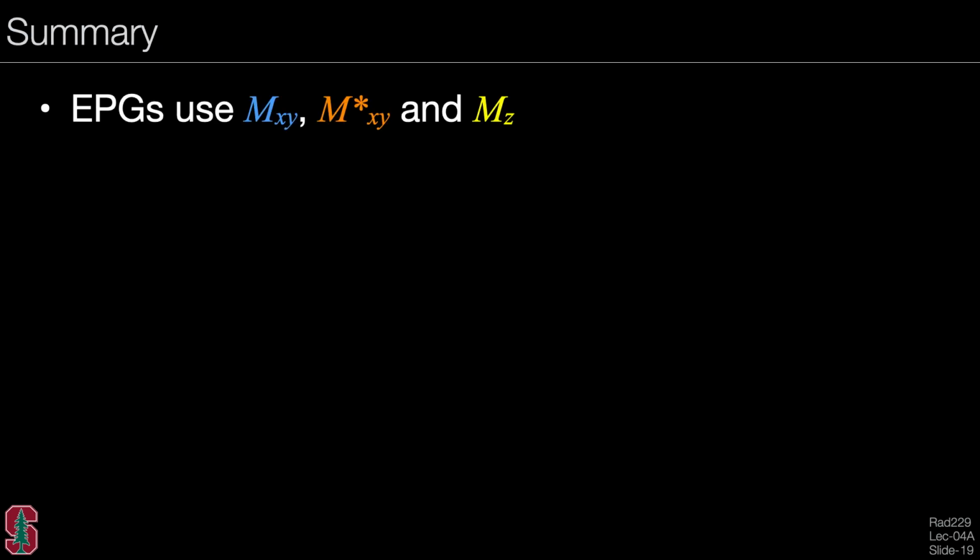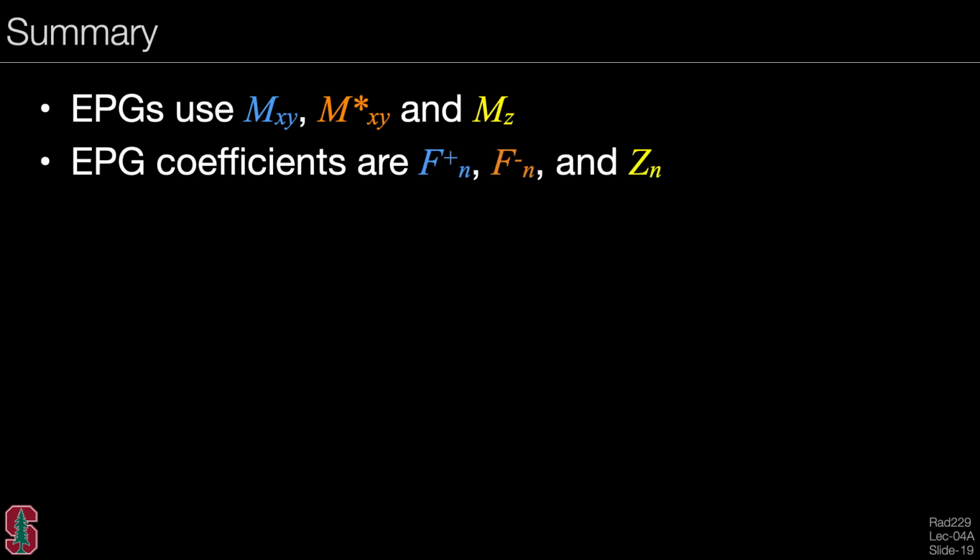So in summary, extended phase graphs use the transverse magnetization, its complex conjugate, and the MZ. And remember, the magnetization is mx plus i times my for mxy. The EPG coefficients that we typically use are F plus sub n, F minus sub n, and Z sub n.